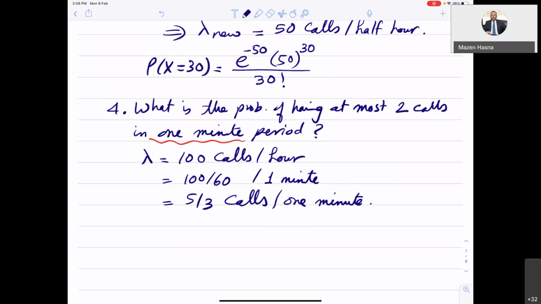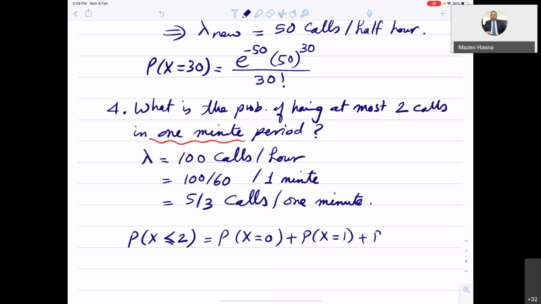So probability of at most 2 calls. So x is less than or equal to 2, right? Which means this is the probability of x equals 0 calls, plus the probability of x equals 1, plus the probability of x equals 2.